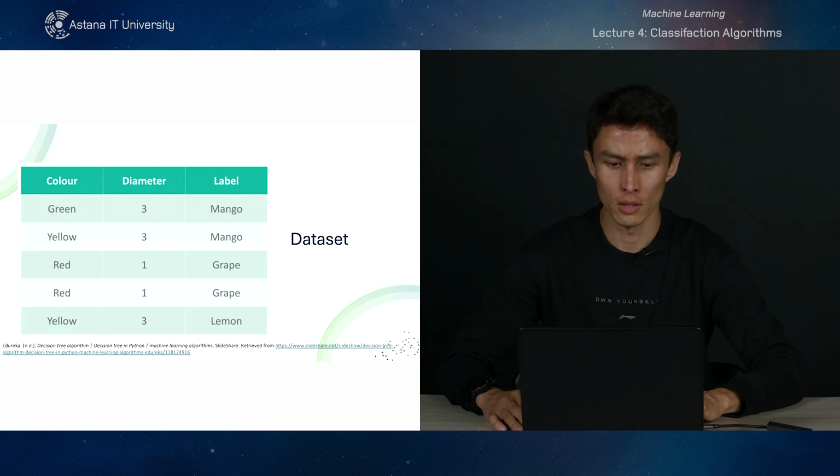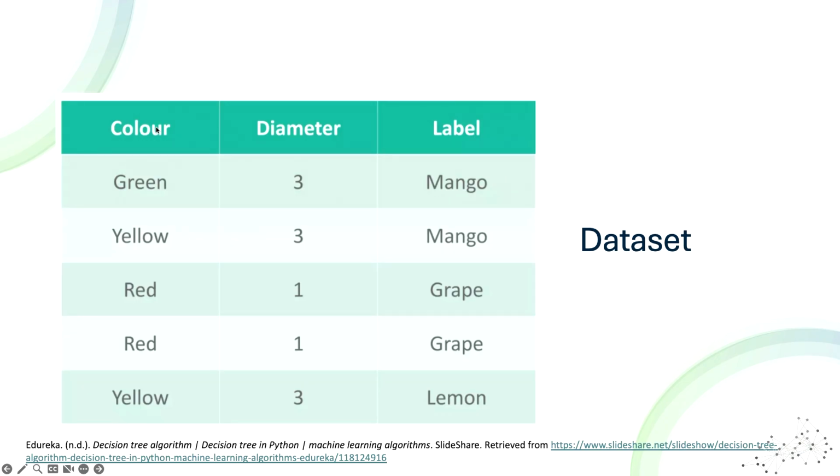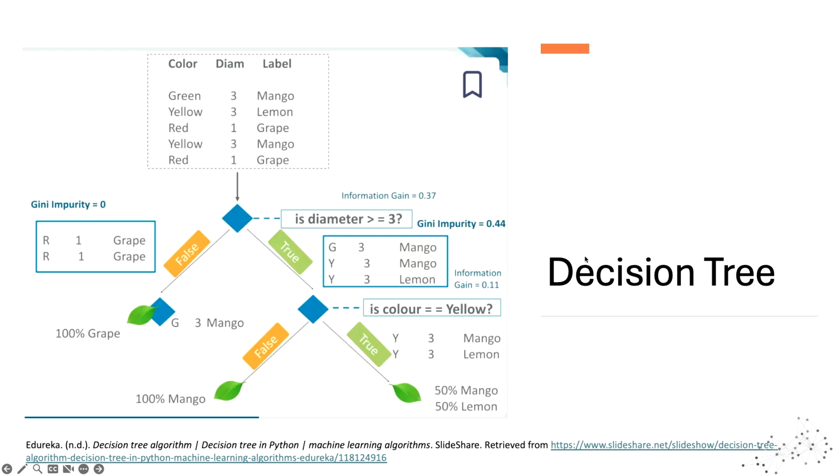In such a case, in order to make a classification, we need to know some features of these fruits, for example, color and diameter, and based on that we have some labels.